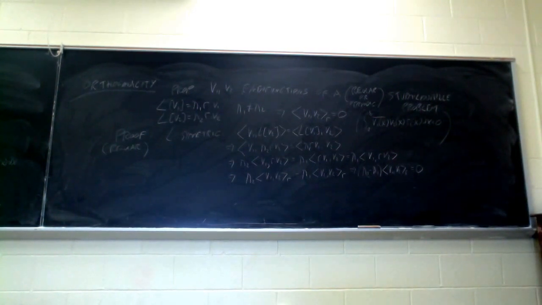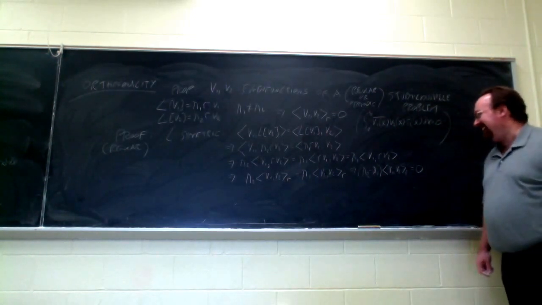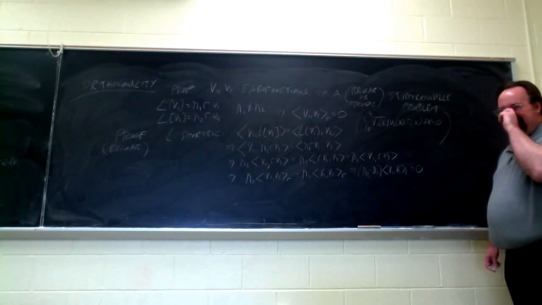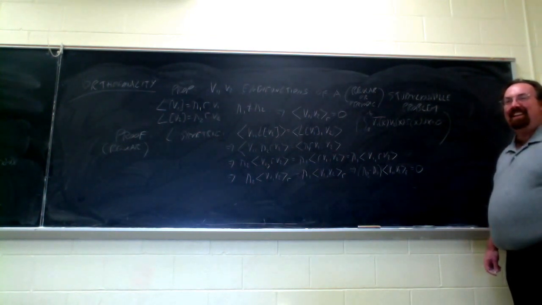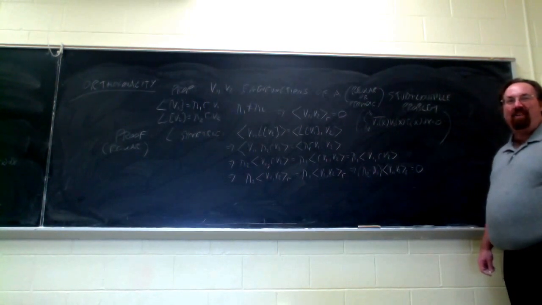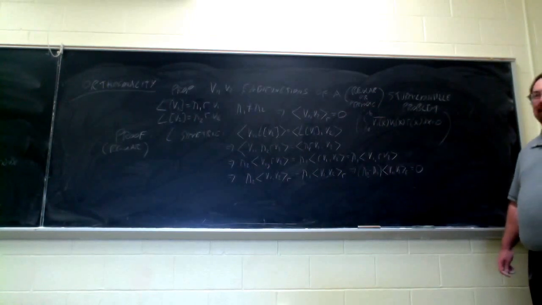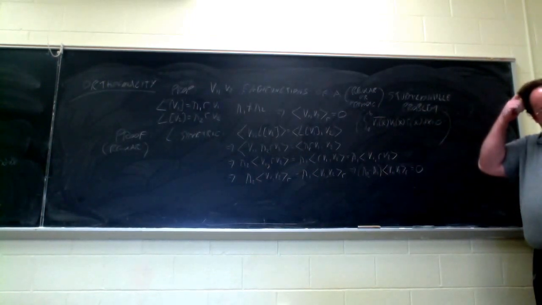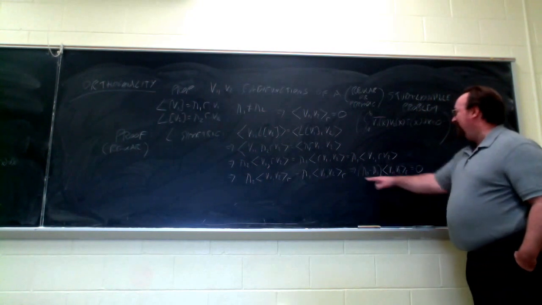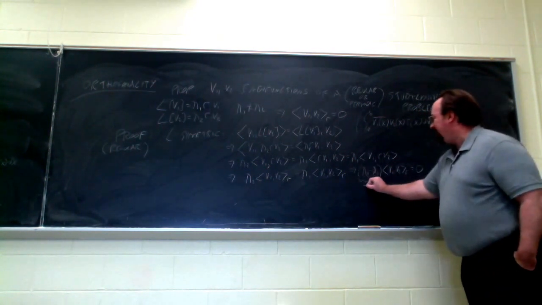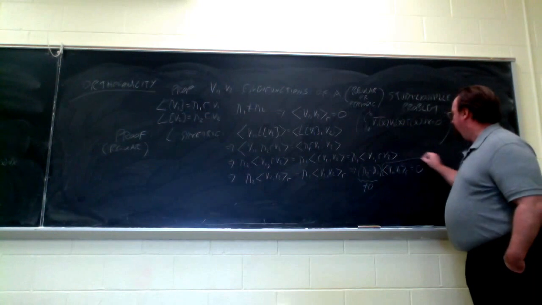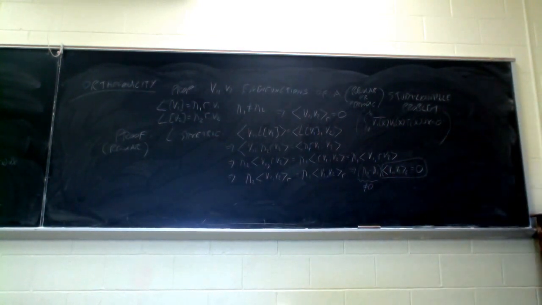Using the principle of zero products, one of these must be 0. This is known by assumption to be non-zero. So we have orthogonality, and that ends that.